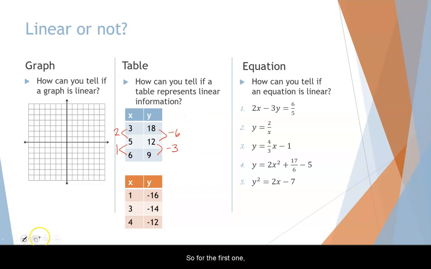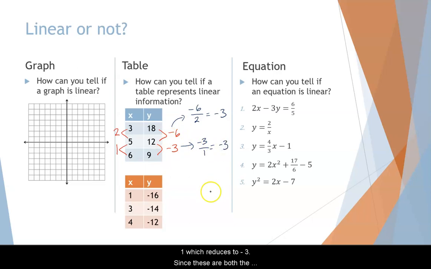So for this first one, the ratio, or rate of change, or slope, is -6/2, which reduces to -3. For the second step, the ratio of change is -3/1, which reduces to -3. Since these are both the same, this is a linear relationship.